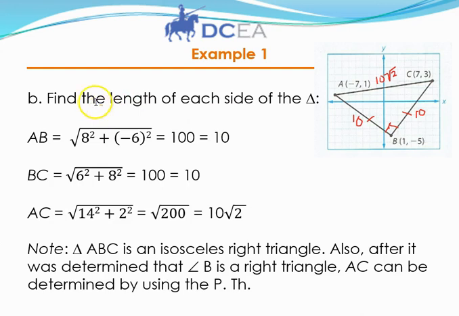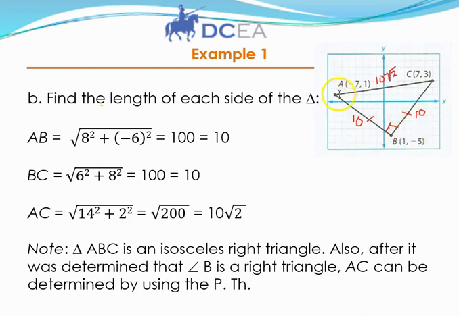Now, it asked us to find the length of each side of the triangle. So we do that using the distance formula, and AB is 10, BC is 10, and AC is 10 square root of 2. We can see that these side lengths are the same, so we have an isosceles triangle.